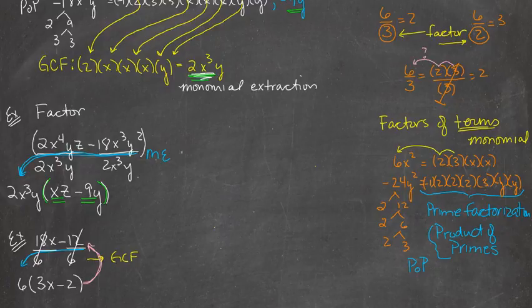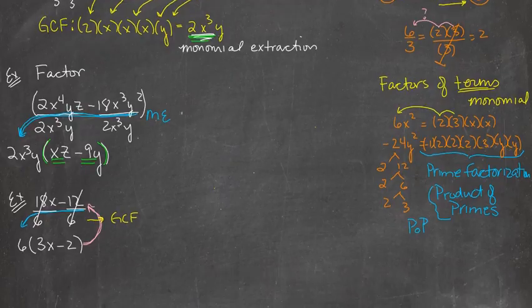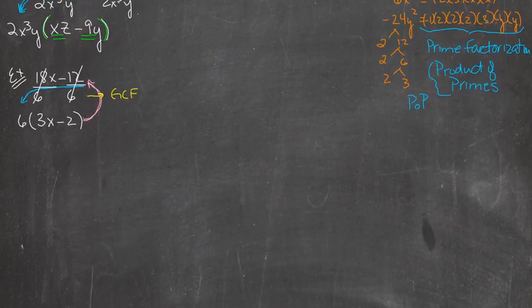If I got 6, then I know that I factored properly. And so we want to check on a polynomial in particular to see if we factored properly. So let's do 6 times 3x. Well, we know that 6 times 3x is 18x. That one's pretty easy in our heads. And 6 times negative 2 is minus 12. Did I get the original problem back? I did. So I have factored and checked my work.